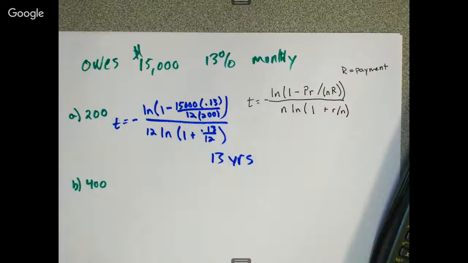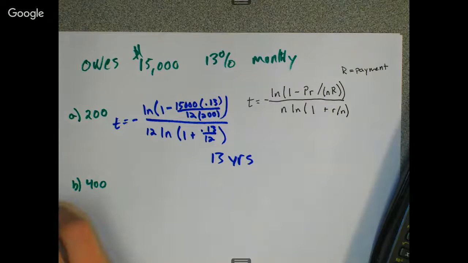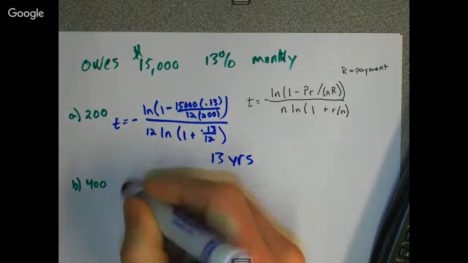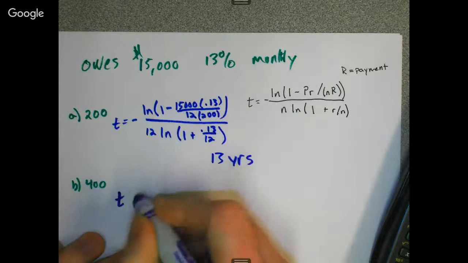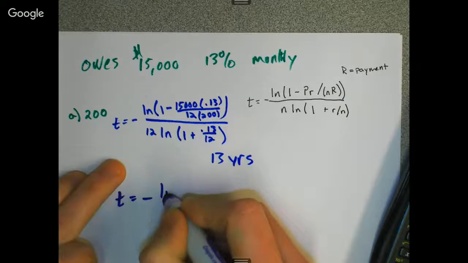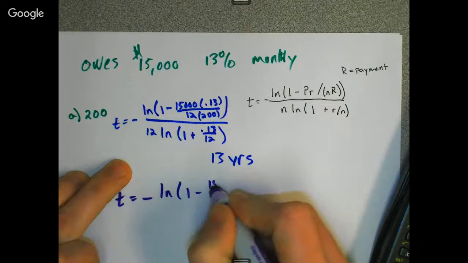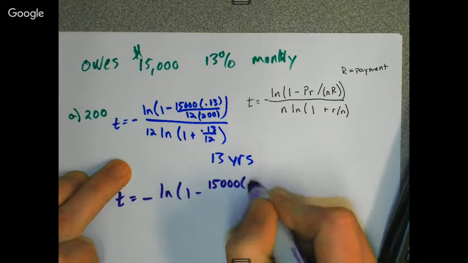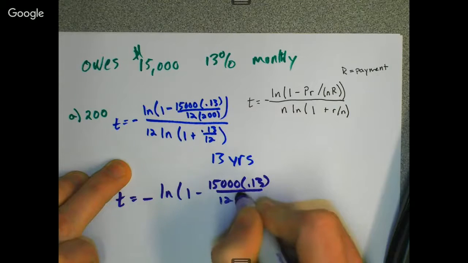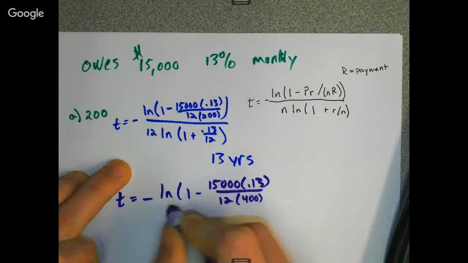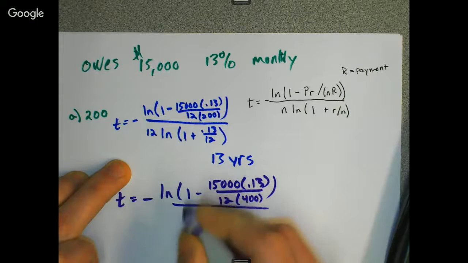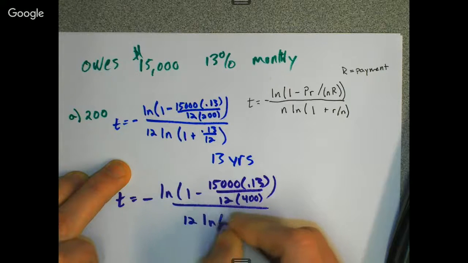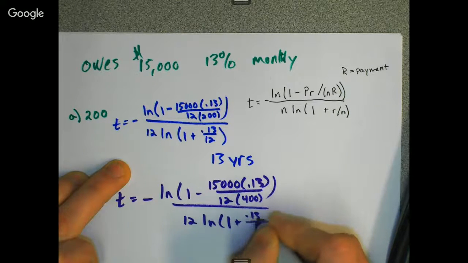Okay. So now we're going to run the same formula, except now instead of 200, we're going to put in 400. So ln 1 minus 15,000, 0.13, 12, 400, 12 ln 1 plus 0.13 over 12.